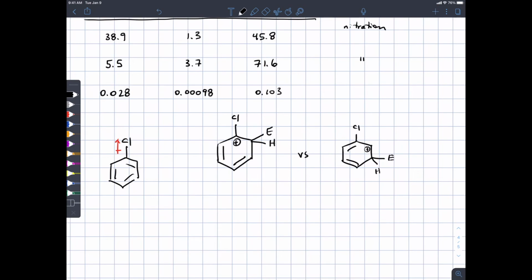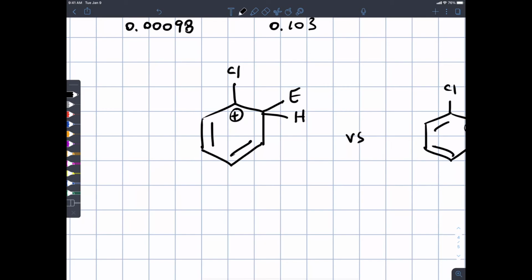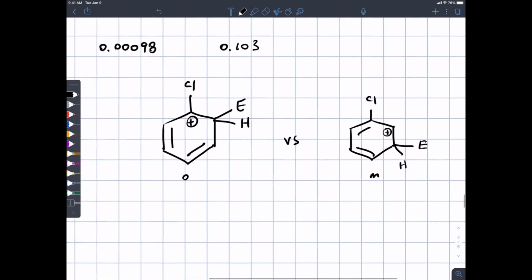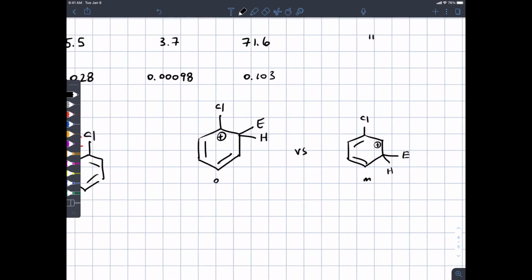What's the difference there? Shouldn't it be ortho-para? Well, I'm showing you ortho and meta because I want you to think about why ortho/para might be better than meta.